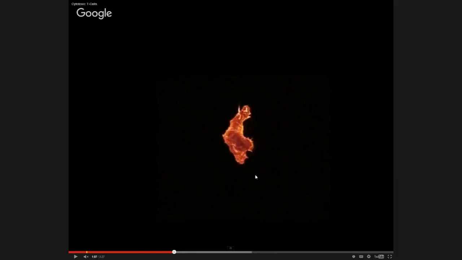In this, it looks like it's just moving across a black background, but probably there are a bunch of other cells that it's crawling over. They just haven't been marked with a fluorescent dye, so they're not visible.